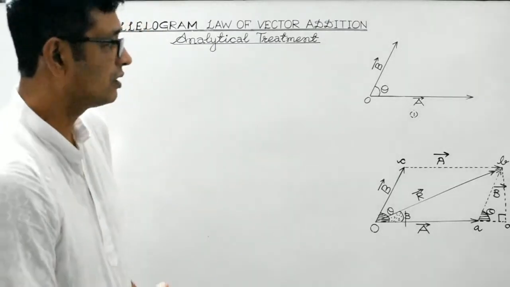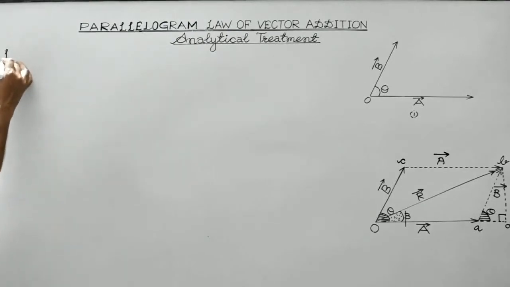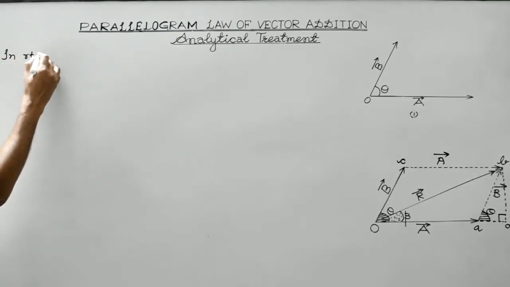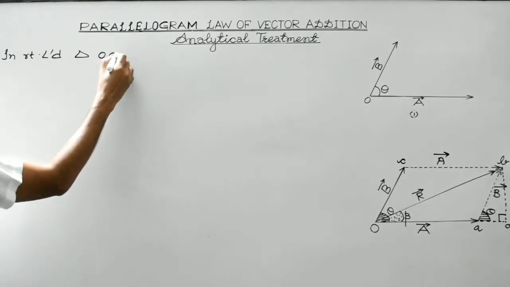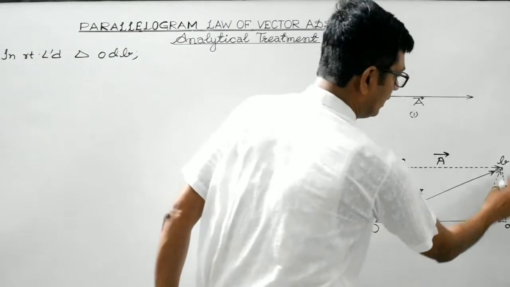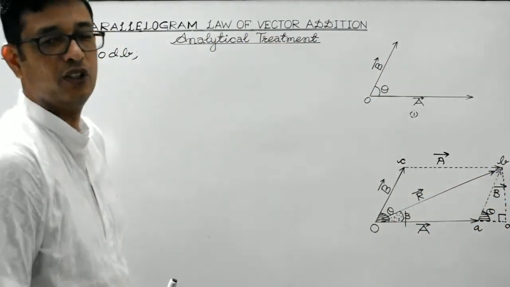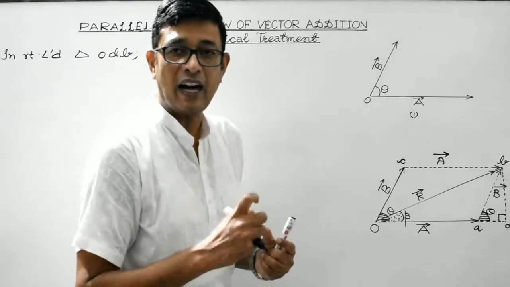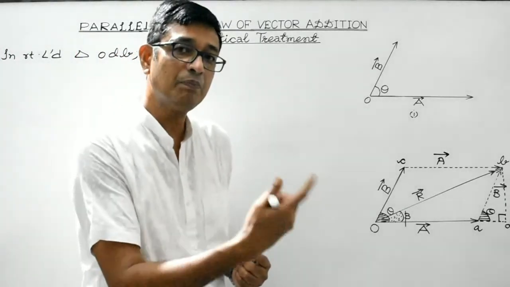Now we'll consider the right angle triangle, the bigger one, triangle ODB. It's a right angle triangle, so we can make use of Pythagoras theorem, which states that the square of the hypotenuse is equal to the sum of the squares of the base and the perpendicular.